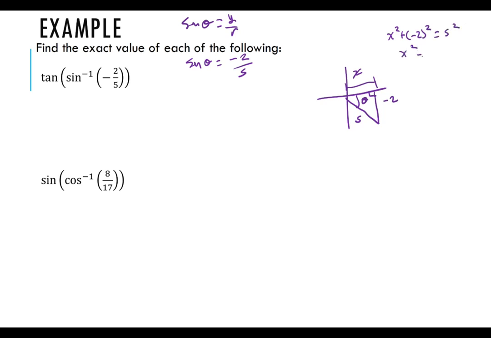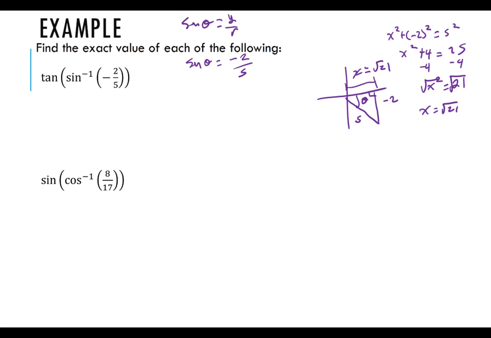So that's x squared plus 4 is equal to 25, minus 4, minus 4. x squared is equal to 21. Take the square root, take the square root. x is then equal to root 21. Since 21 is 3 times 7, it won't factor. And so I get x is equal to root 21.